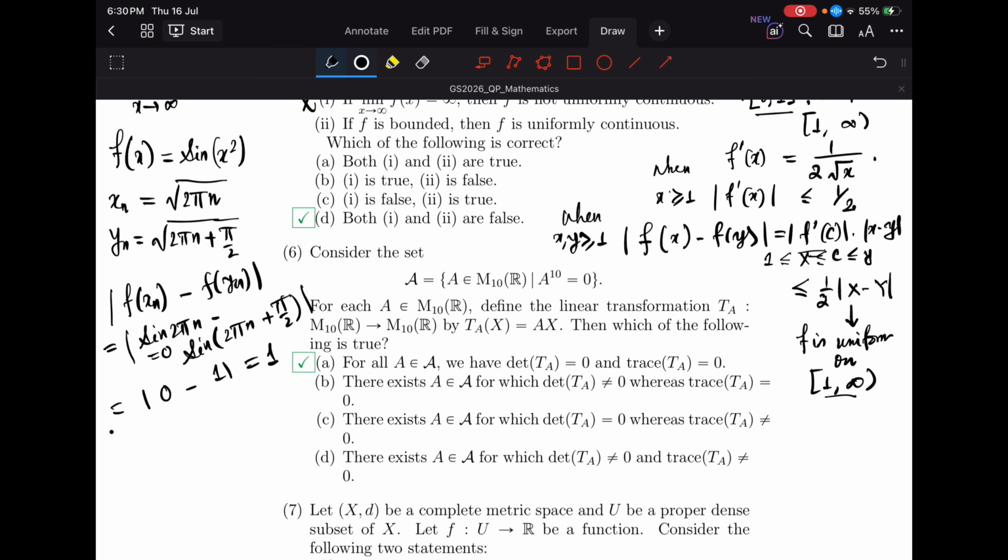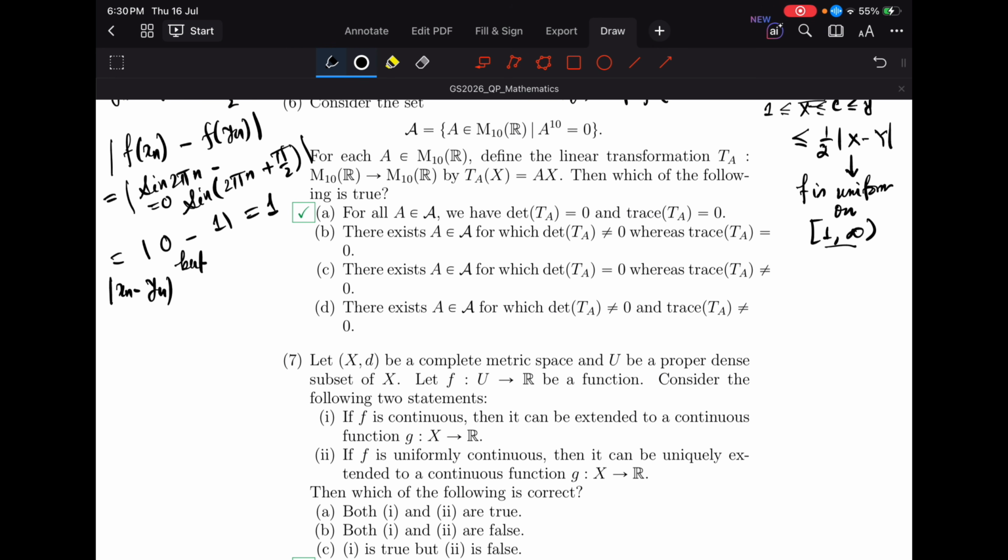But what is mod of xn minus yn? It is just root of 2 pi n plus pi by 2 minus root of 2 pi n, which is nothing but pi by 2 divided by, just multiplying numerator and denominator by root of 2 pi n plus pi by 2 plus root of 2 pi n, which tends to 0.